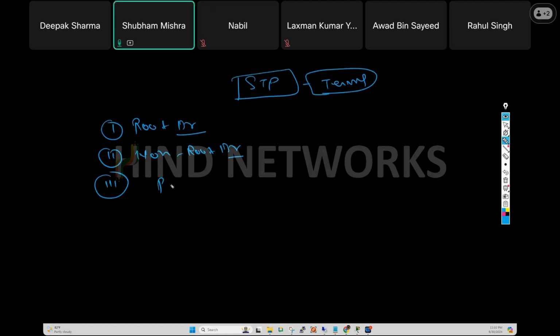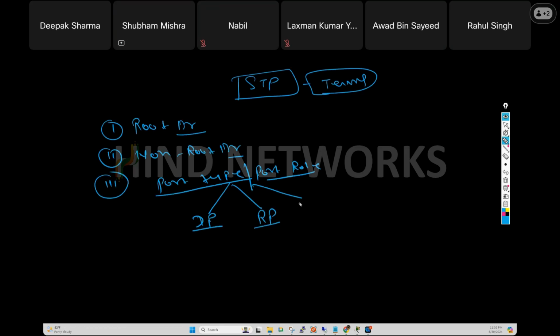Next is port type, or you can say port role. Both are the same. Generally in STP there are three types of port role: DP, designated port; RP, you can check the full form of RP, the root port; and the blocked port.